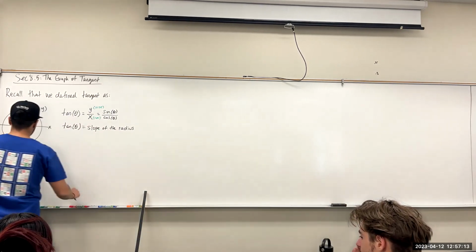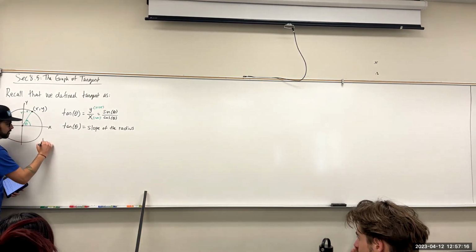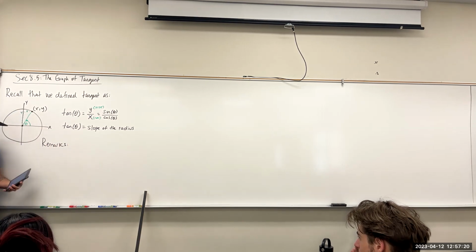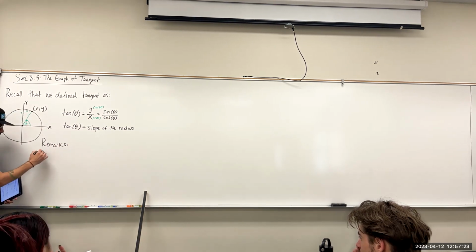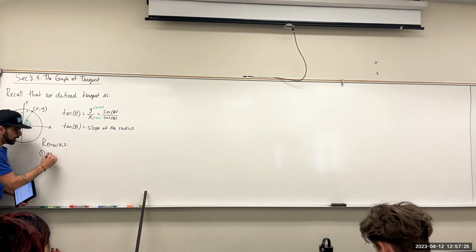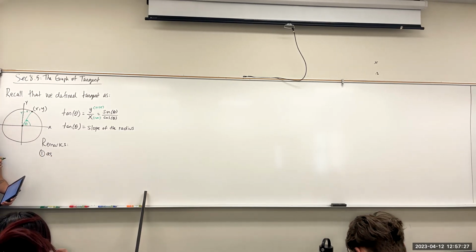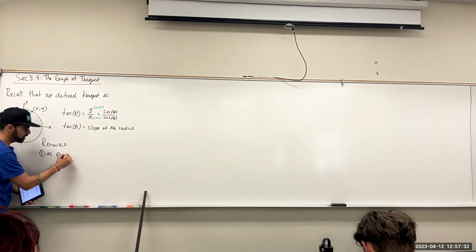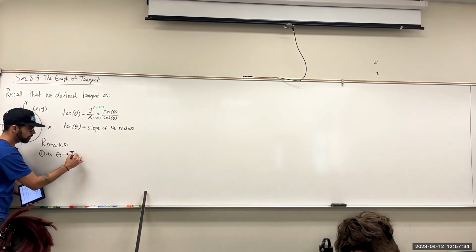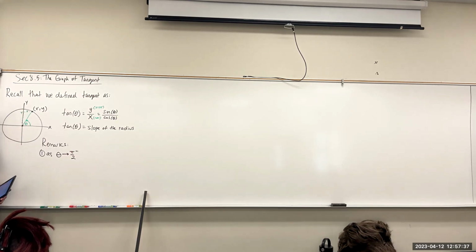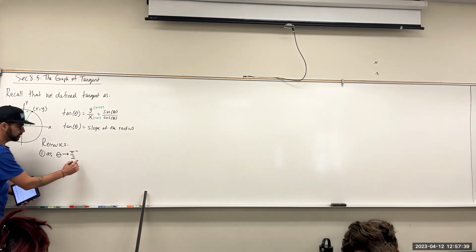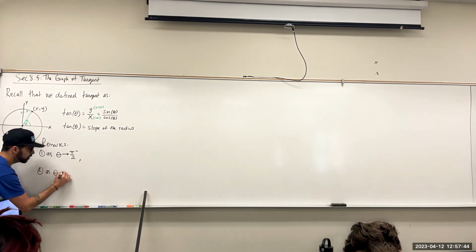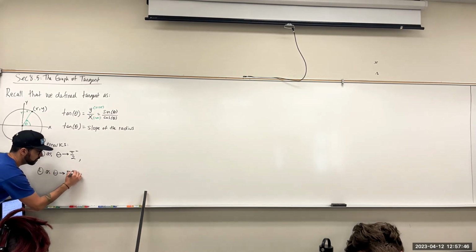So here's where we're going to use some of the new notation that we learned in this class to specify this a little bit. Here's where I need your help. We're going to use arrow notation. What I mean by that is we're going to see as theta approaches pi over 2 from the left, and then as theta approaches pi over 2 from the right.